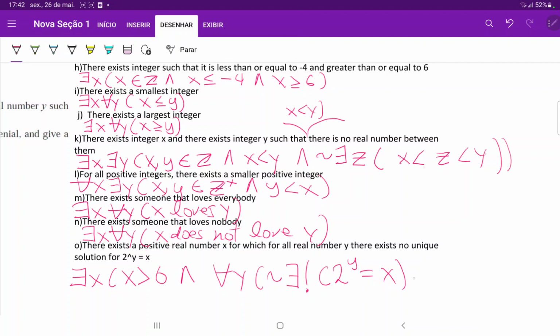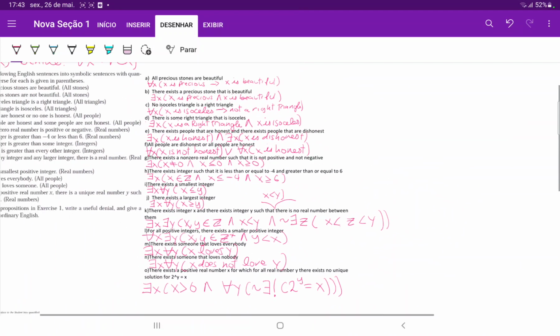Let's see if this made sense. That is 3 parentheses, yeah. So there exists an x such that x is greater than 0, and for all y, there does not exist a unique y such that 2y is equal to x. Yep. And that is it.